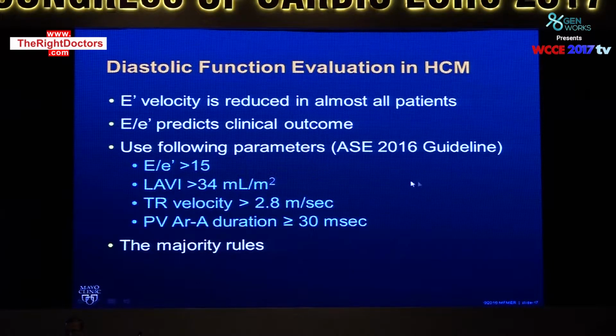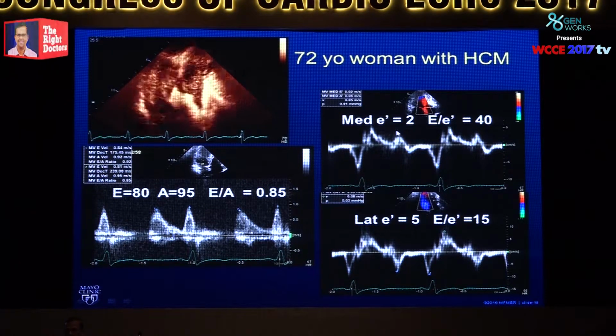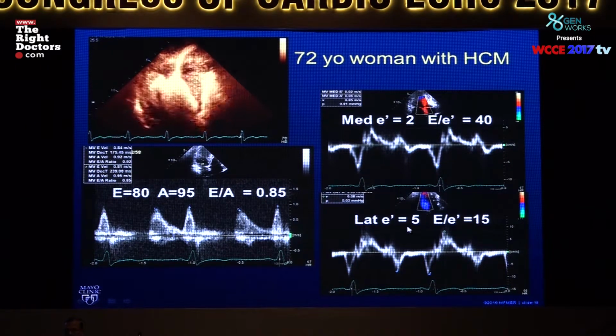So these are the parameters we provided in the guideline. We still use the E/E prime of 15 as a sensitive marker, not a specific marker. Then we look at LA volume, TR velocity, and also duration to figure it out in hypertrophic cardiomyopathy. So just an example, apical hypertrophy, the medial E prime is 2, and lateral is 5.